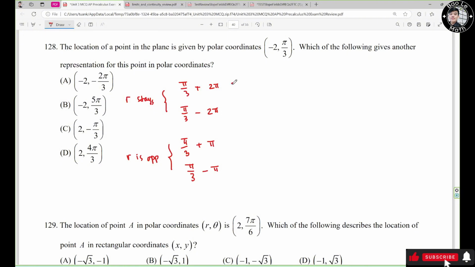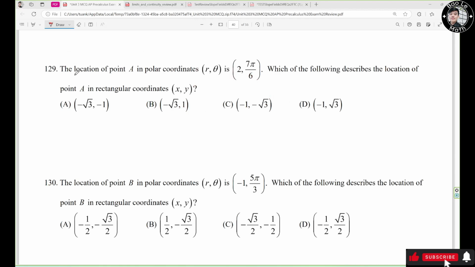Now, I'm going to simplify this one. It's going to be 7 pi over 3. It's not here, so this is not the answer. This one becomes negative 5 pi over 3. I check, it's not here, so this is not the case. Now, this one becomes 4 pi over 3. It's right here. So the radius must be opposite. The radius is negative 2 right here, it becomes positive 2. So the answer must be D.